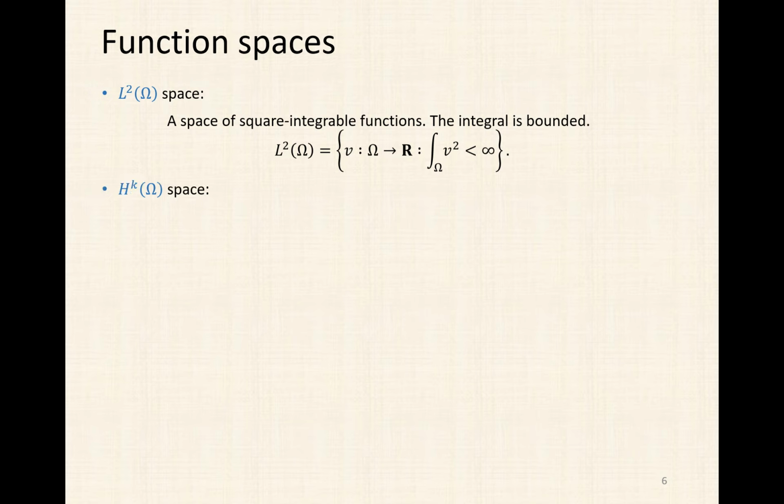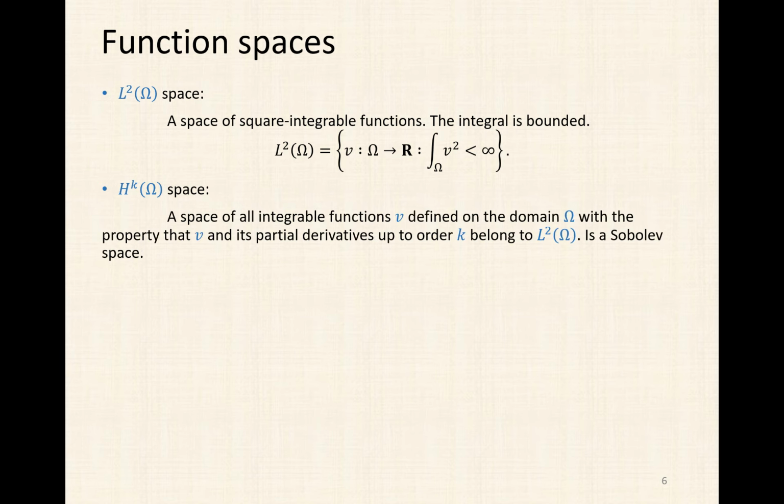And the Hk space. This is a space of all integrable functions v defined on the domain omega, with the properties such that not only v but also its partial derivatives up to order k belong in the L2 space. So both v and the derivatives of v up to order k belong in the L2 space, and this Hk space is a Sobolev space.